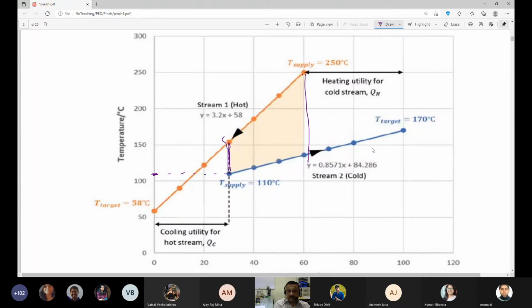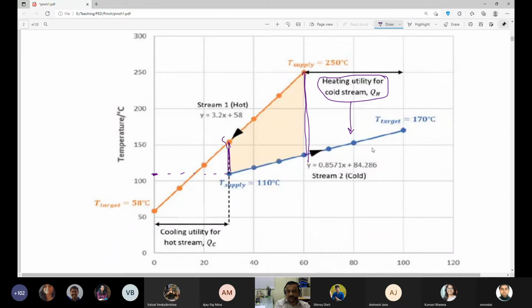And additionally, to cool this beyond this point, we need the cooling utility for the hot stream, and for heating the fluid from this point to this point, we need the heating utilities for the cold stream. So these apply to this part of the line.